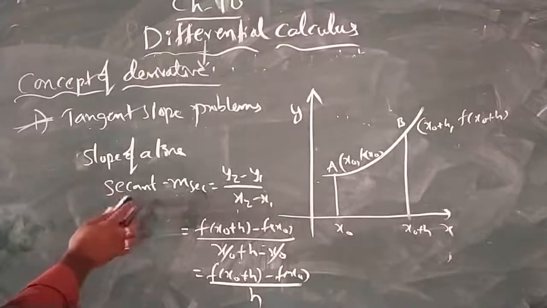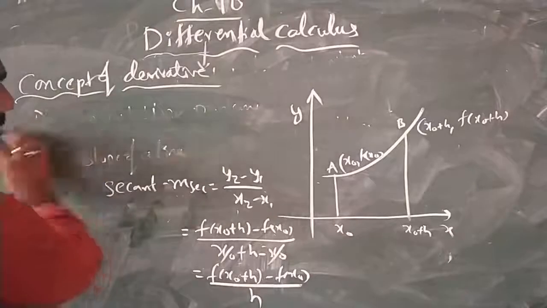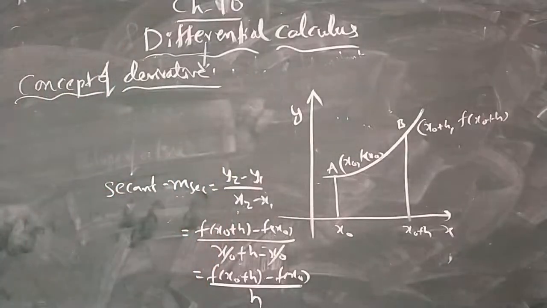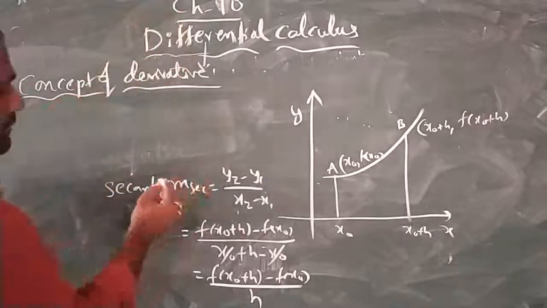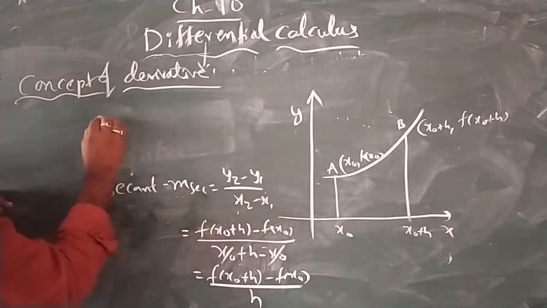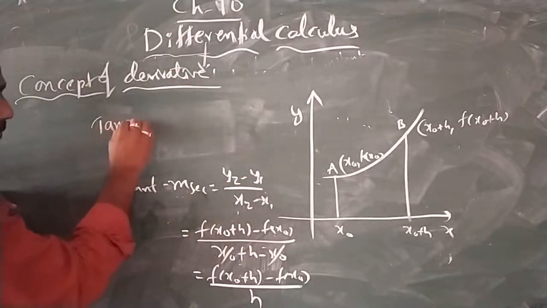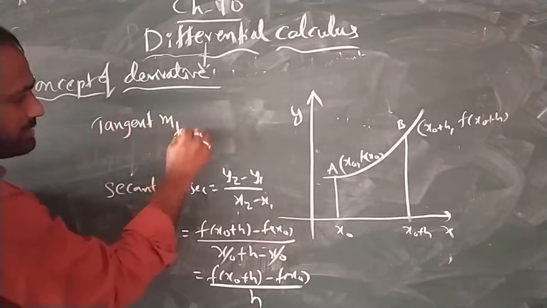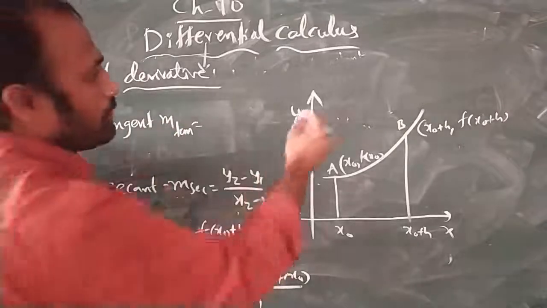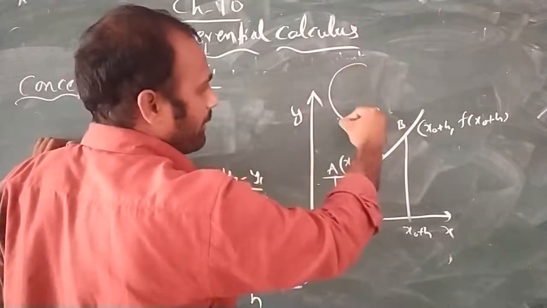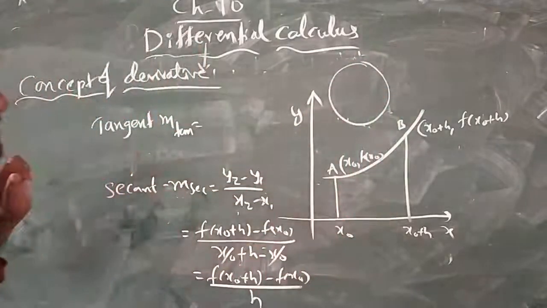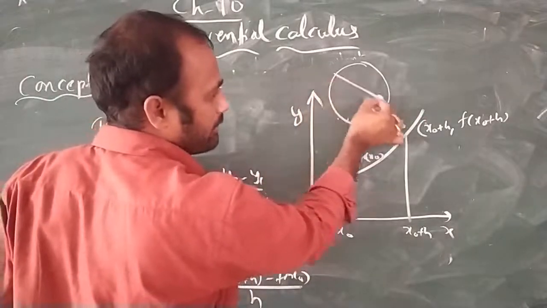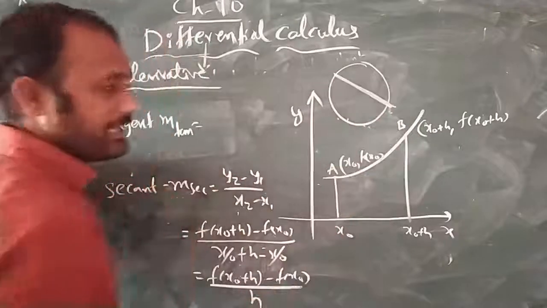This secant we can write as a tangent as well. Why are we writing it as m tangent slope? Look here. For example, let us take a balloon, and on the balloon if we draw a line, obviously this will become a secant.